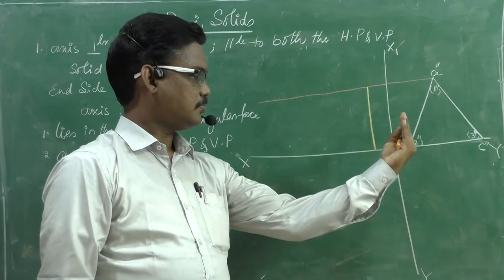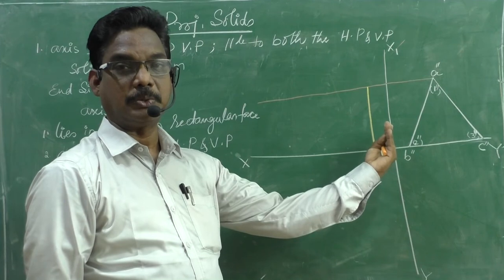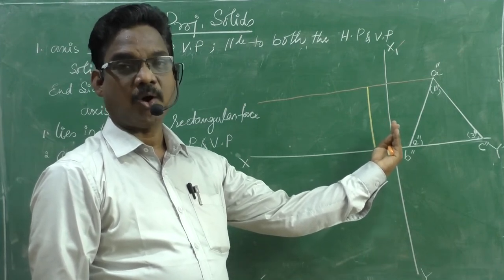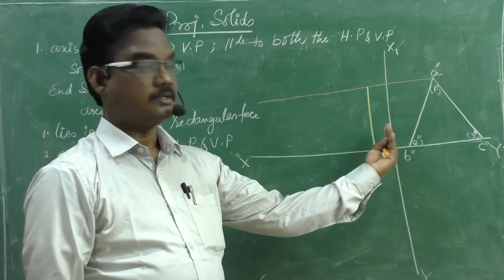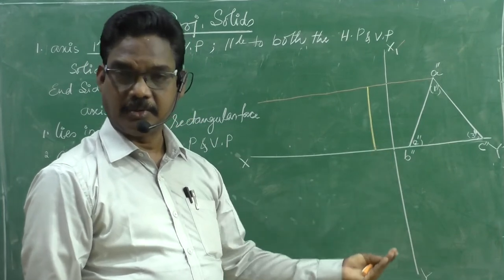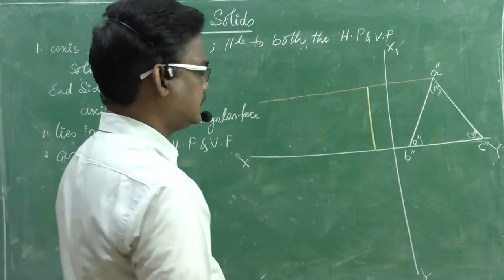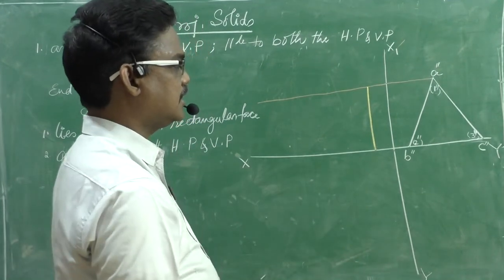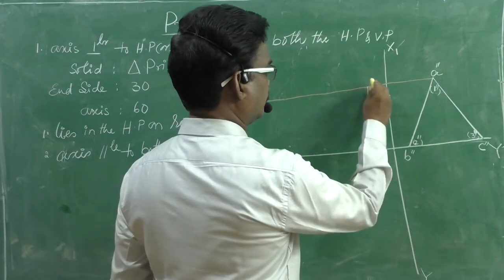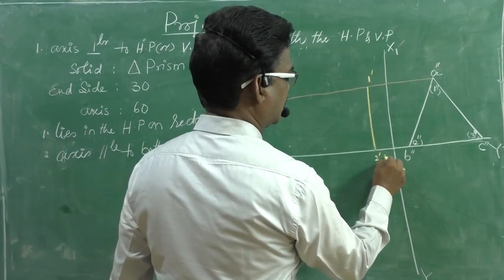The profile plane is the plane which is perpendicular to both the vertical and horizontal planes. From the profile plane, that distance is not given in the problem. That is the reason any distance you can consider to represent one face. That face may be 1, 2, 3. Therefore 1 dash, 2 dash, 3 dash.